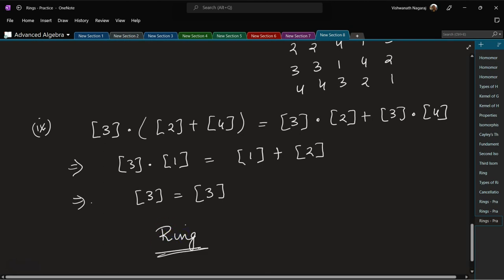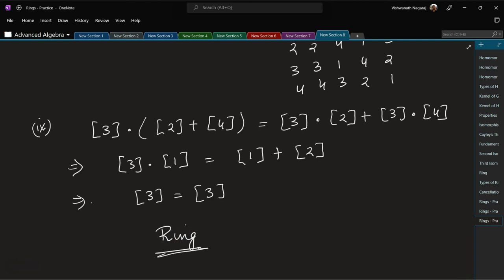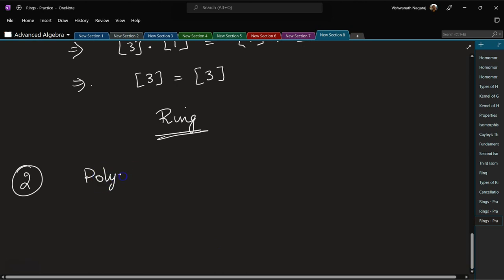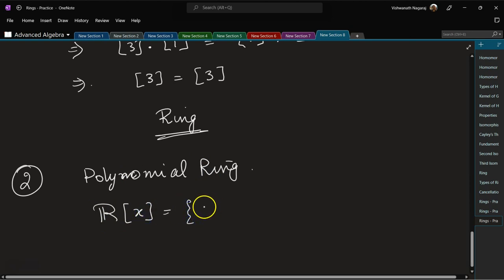So that is 1. Now let's look at the second example. Polynomial ring. So basically what we have is a polynomial in x where the coefficients are real numbers.